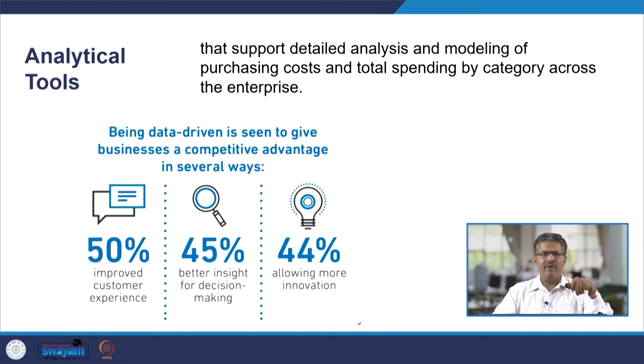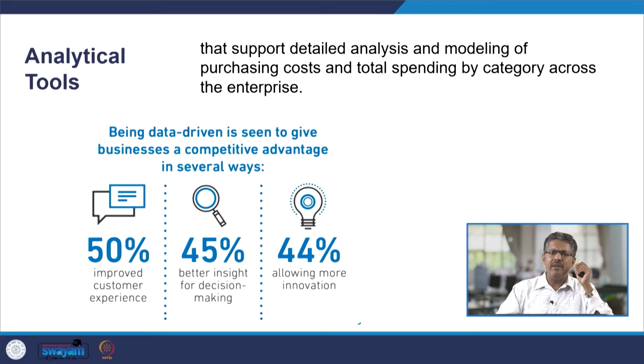Okay. And finally, you have the analytical tools that, as I had said, support the detailed analysis and modeling of purchasing cost and total spending by category across the enterprise. So category wise you can say how much we have improved, how much of sales is happening and what kind of improvement is required. So, for example, as you can see, being data driven is seen to give business a competitive advantage.